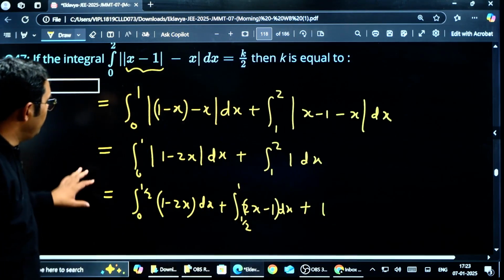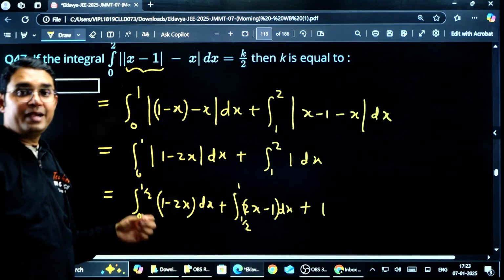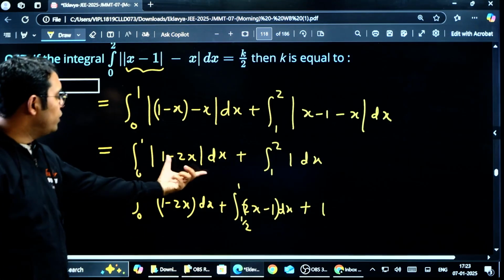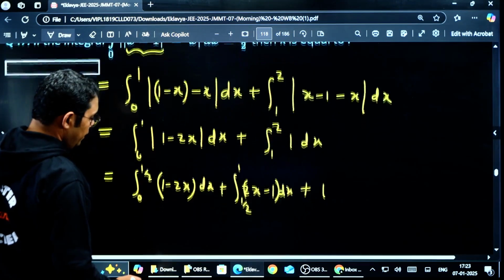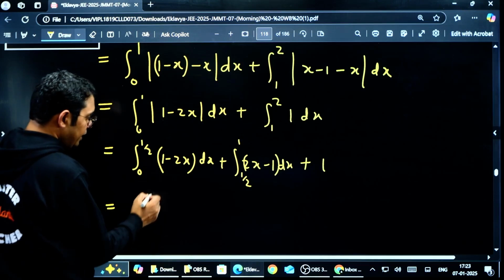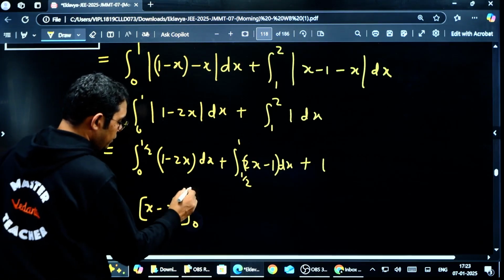Okay. In fact, at this step, instead of doing this integration, you can make a diagram, and by finding the area of a triangle, you can get the answer. But I think this is also not that difficult, so let us do it here. So one integration would be x minus x square, limit from 0 to half.